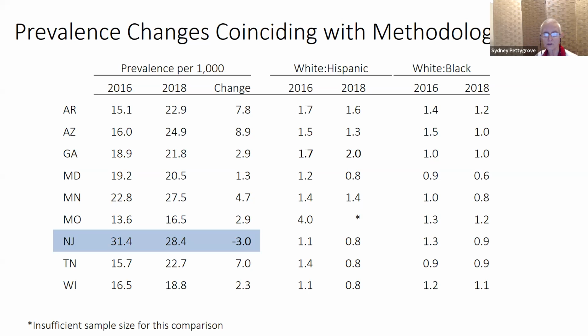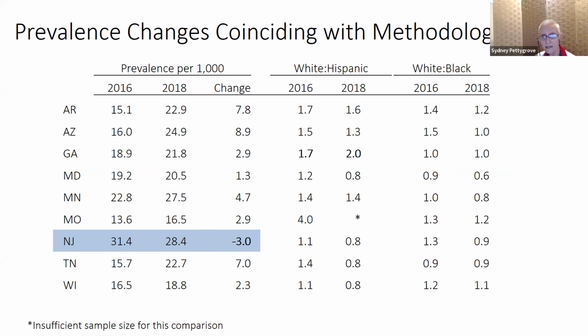And so to address that, I looked at the white to Hispanic and the white to Black ratios of cases for 16 and 18 for each of these study sites. And if I've got more disparities, this number is going to go up. And if I've got less disparities, it's going to go down.